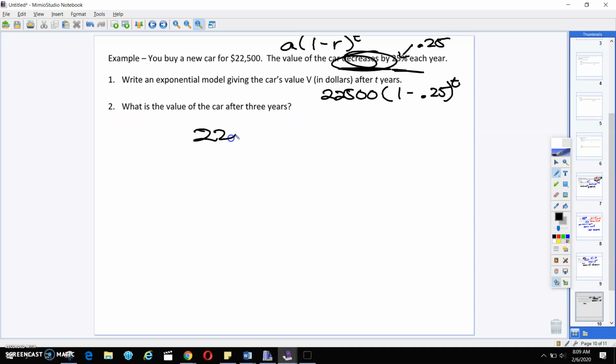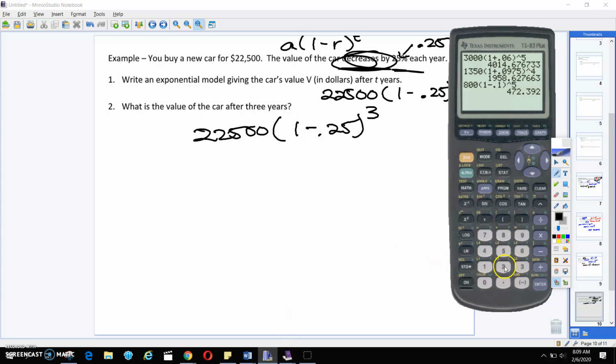So we're going to plug in 3, to the 3rd power, right? So when I plug this into my calculator, I'm going to get 22,500 times 1 minus 0.25, and we're going to raise it to the 3rd power.